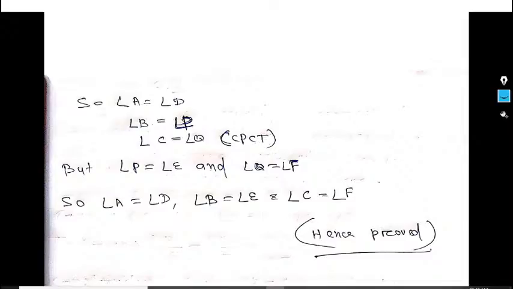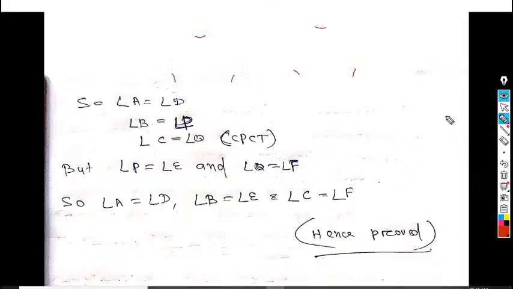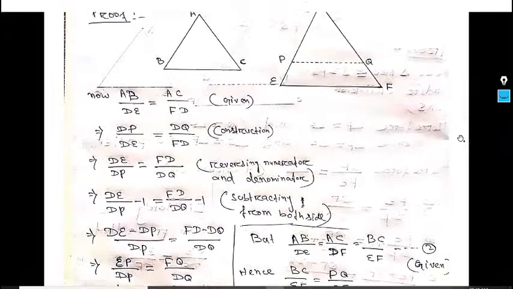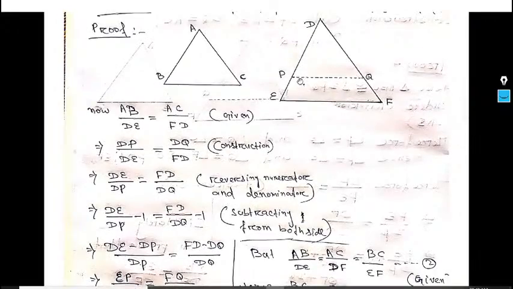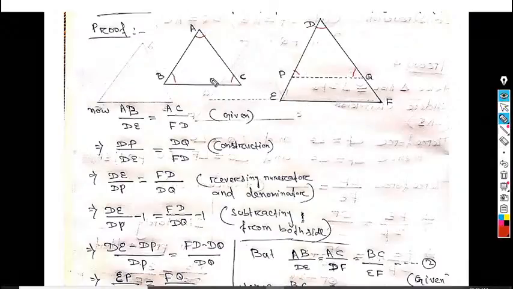But again we'll move to the figure. When you proved that PQ is parallel to EF, what had happened? When two lines are parallel, the corresponding angles become the same.